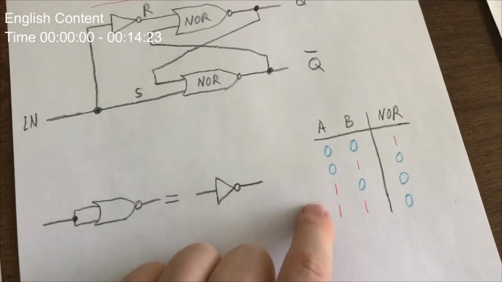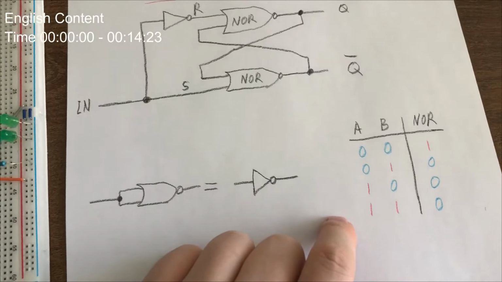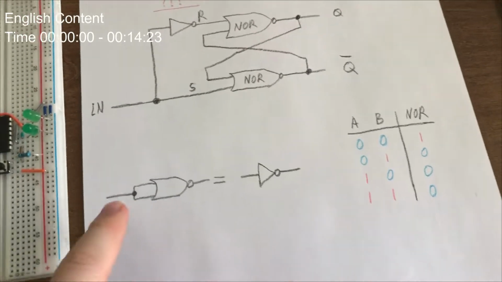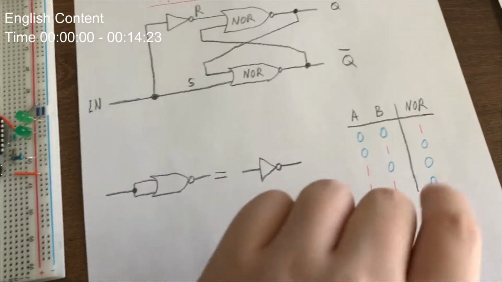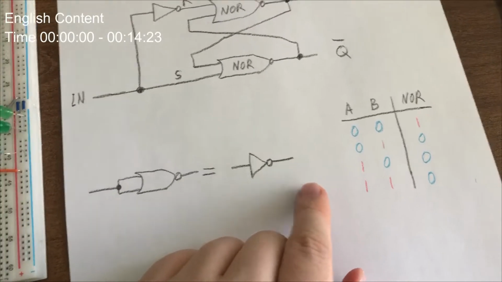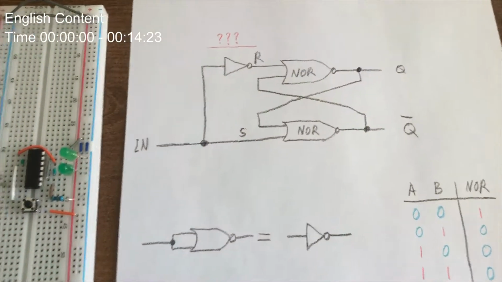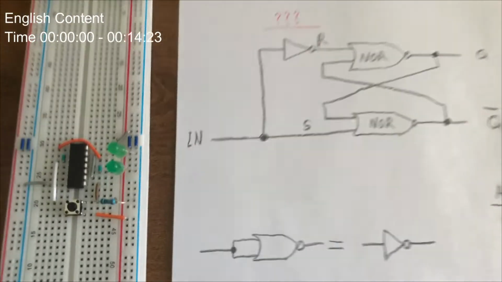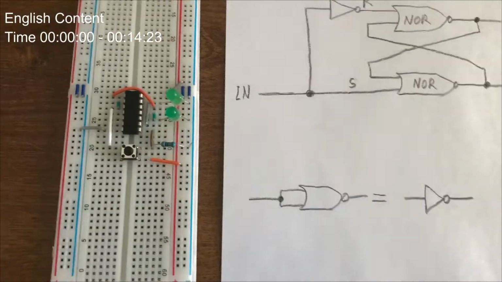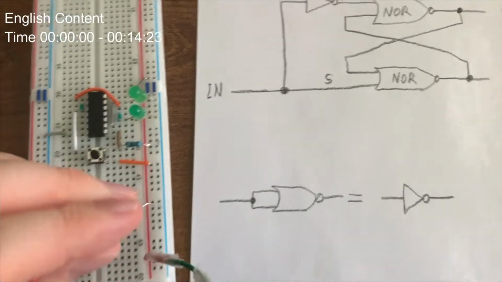We know the NOR gate's truth table is like this, and if we connect 2 inputs into 1, we can let it function as an inverter. Let's plug in the power.